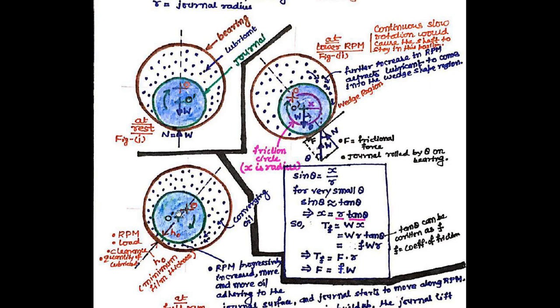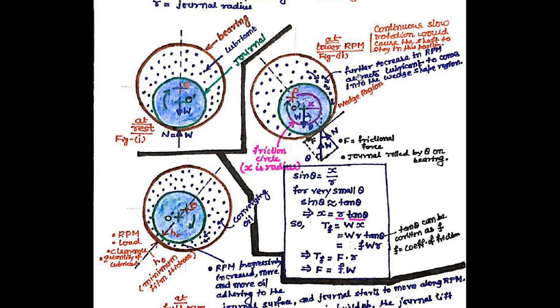At full run there is a full film of lubricant, means complete lubrication occurs. There is no boundary to boundary contact. There is thick film lubrication, or we can say full film lubrication. In the real sense, it is not concentric. The shaft is not concentric with the bearing in the real sense.